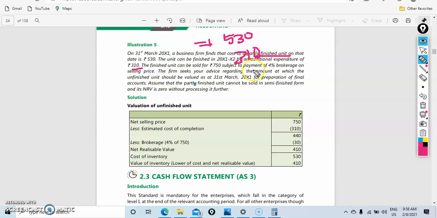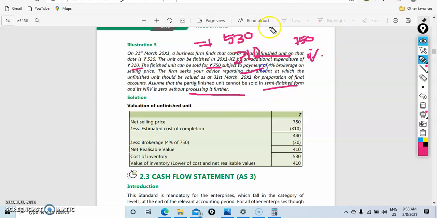Now for the finished unit, they're giving the full sales value, not the partly finished sales value, and they're giving expenses also. They're asking how much we can value the inventories at.